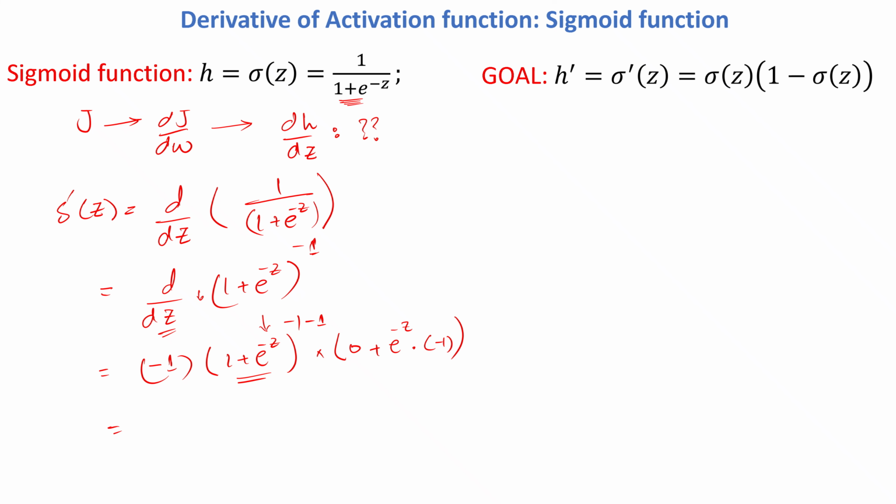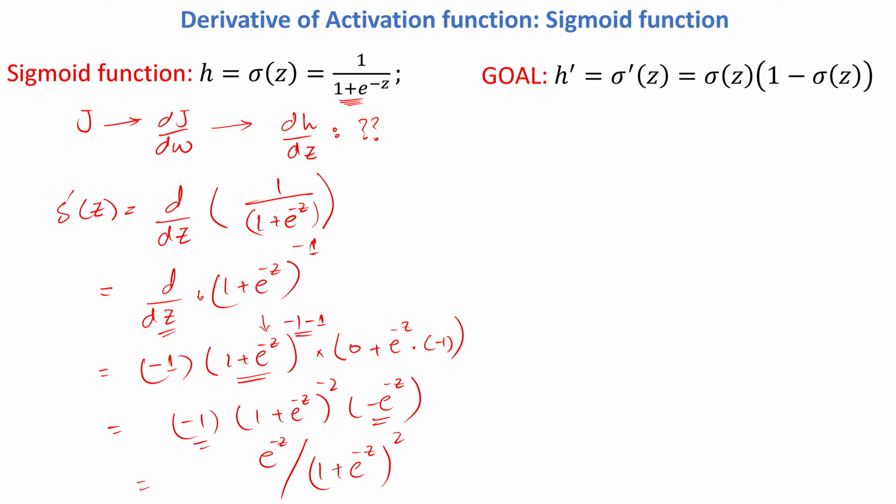This can be simplified as minus 1 times (1 plus e to the power minus z) to the power 2, and this is minus e to the power minus z. So this negative and this negative multiplied become e to the power minus z divided by (1 plus e to the power minus z) to the power 2, because I moved it to the denominator.